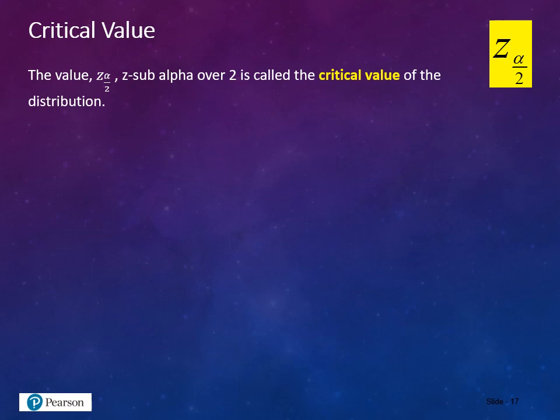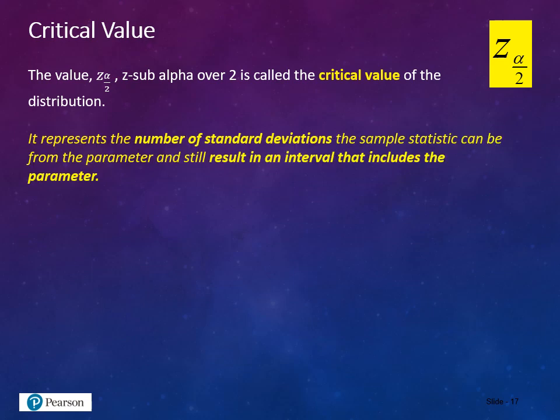Next, we're going to look at the critical value. The value z sub alpha over 2 is called the critical value of the distribution. It represents the number of standard deviations the sample statistic can be from the parameter and still result in an interval that includes that parameter.